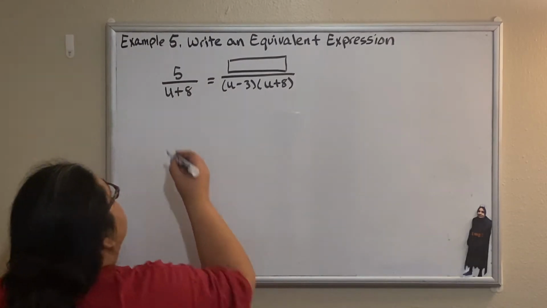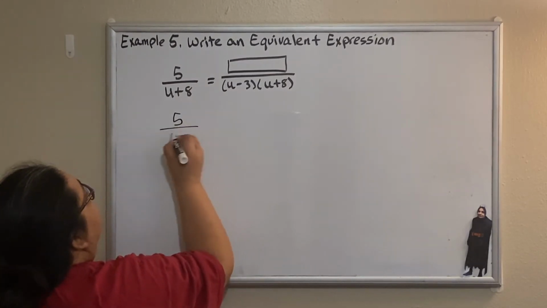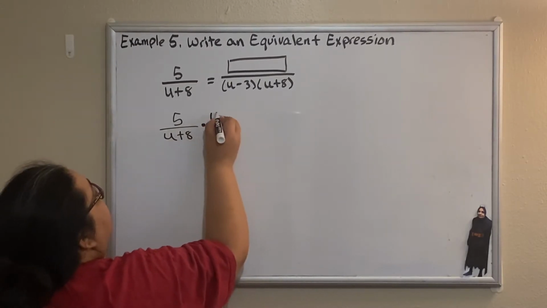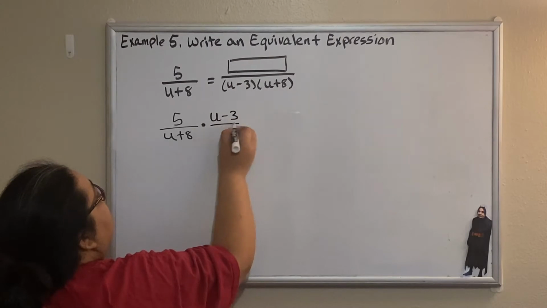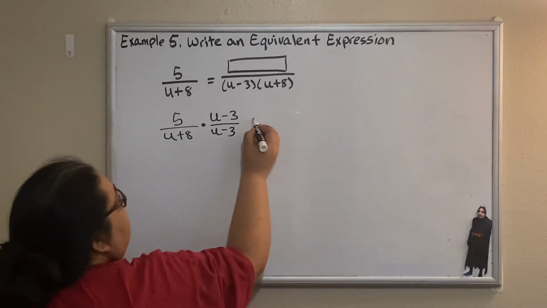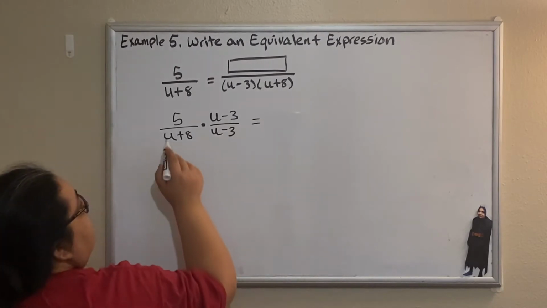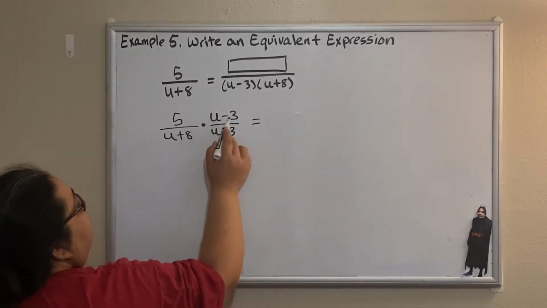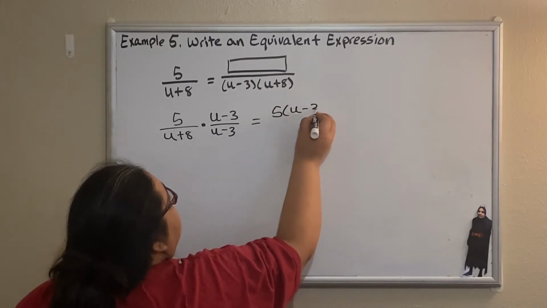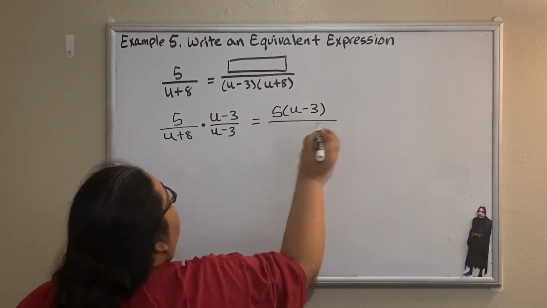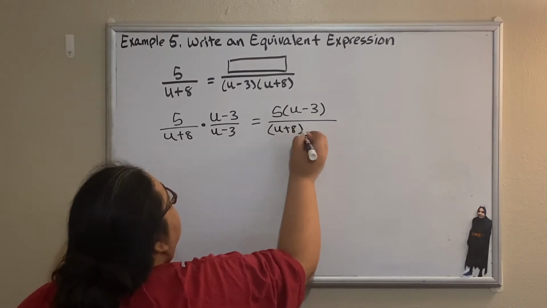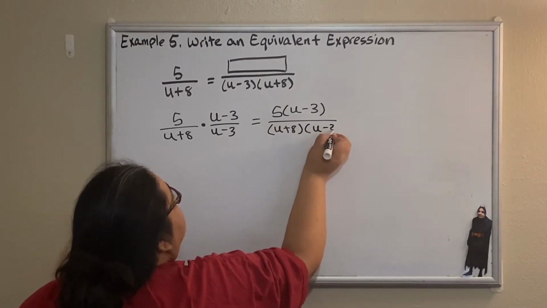So let's rewrite this. Let's say 5 over u plus 8. And we're going to multiply that by u minus 3 over u minus 3. Well, if we distribute the 5 to the numerator over here, I would have 5 times u minus 3 over u plus 8 times u minus 3.